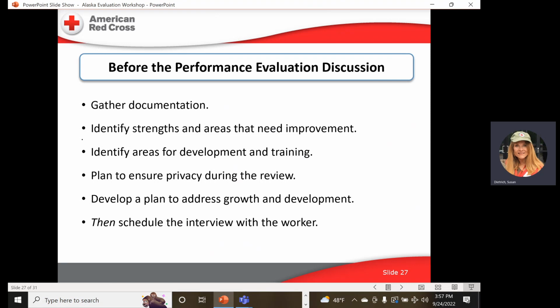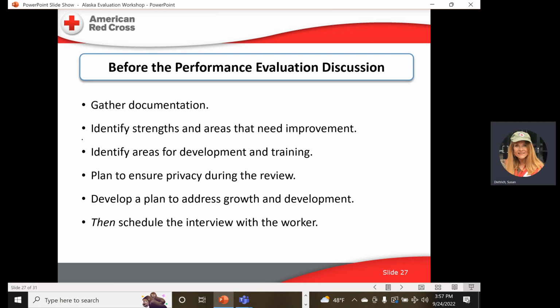So ahead of time, you'll need to find an area that is absolutely private so that everybody can relax, you and the person who reports to you, during the review. Together, you can plan to address the growth and the development.